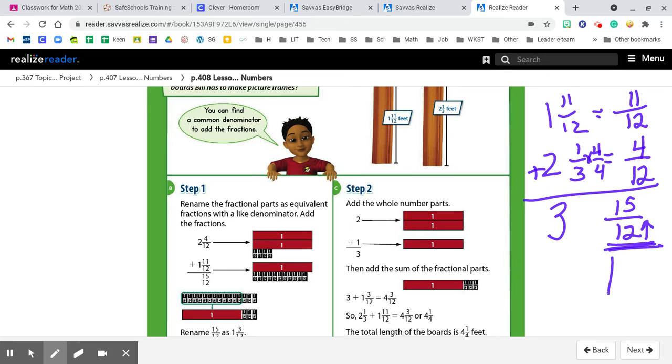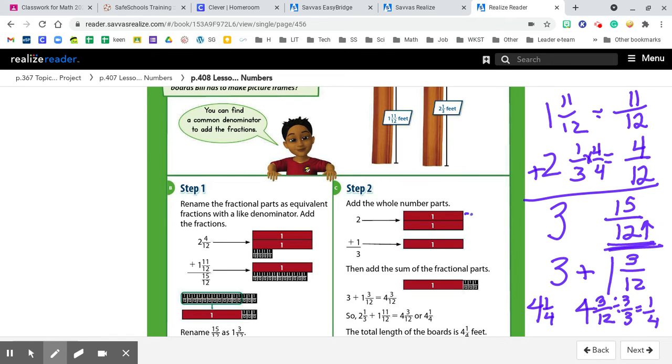It goes in one time, and you'll have 3 little guys left over. So now we're going to take our whole number here, add it to our mixed number, and we wind up with 4 and 3/12. 12 is not a prime number, it's a composite number. So I can actually reduce 3/12 by dividing it by 3 over 3, and I get 1/4. So I can wind up in the end with 4 and 1/4.